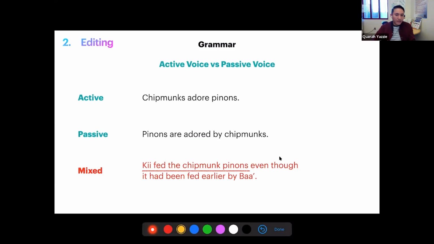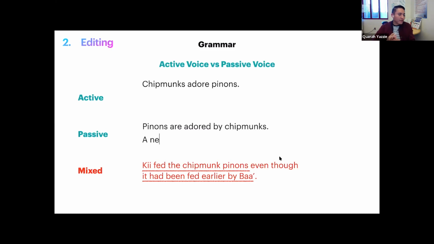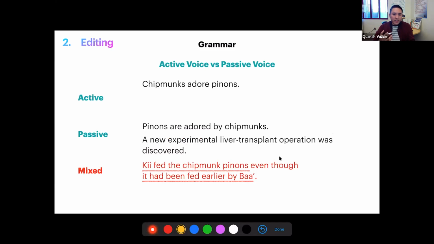And you'll see an example here. I already did this portion. So if I were to talk in passive voice here, this is an example from if you were doing research. So a new experimental liver transplant option was discovered. And this is passive here because of that.